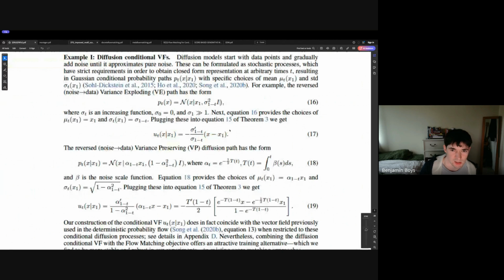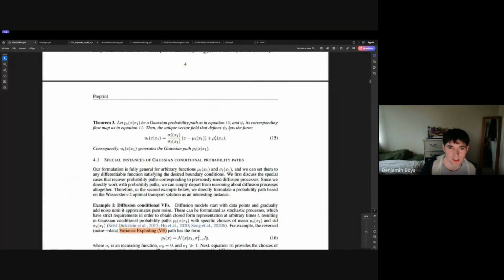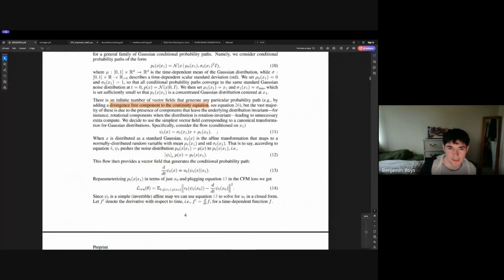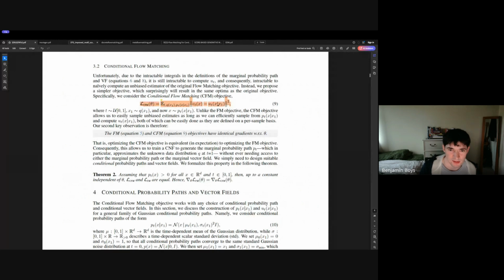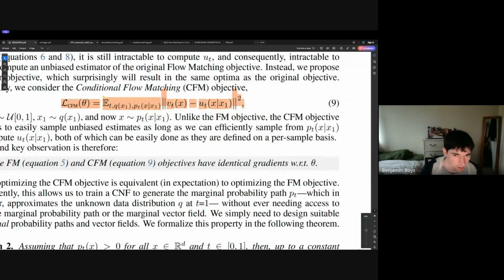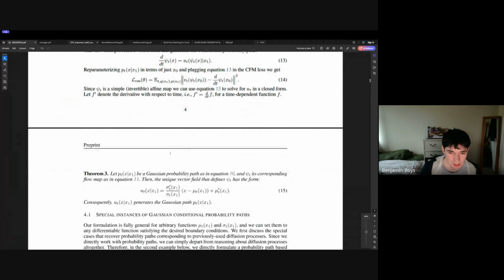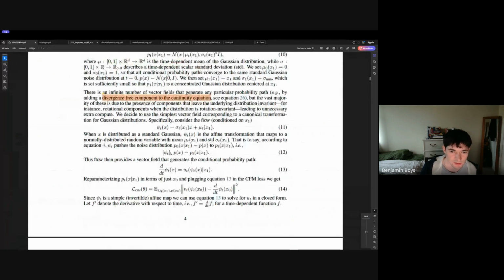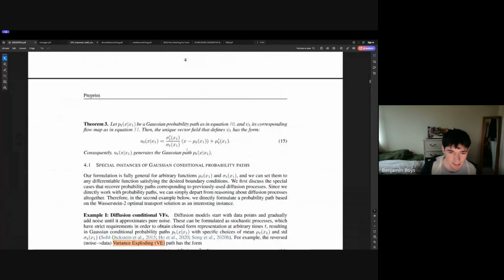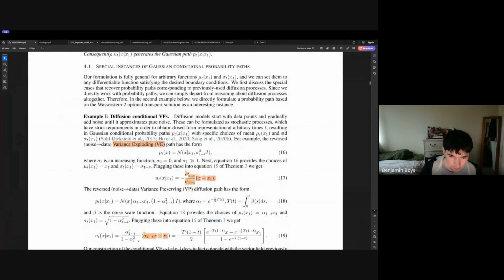So when you plug that into the objective up here, you see that V, which is your neural network, and U, for variance exploding flows, is just noise. So the neural network is predicting noise. Therefore, flow matching and denoising diffusion are equivalent for variance exploding SDE.